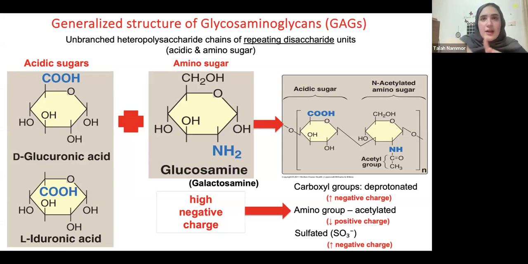And from the name, guys, like heparan sulfate, dermatan sulfate, we add a sulfate, and this sulfate is going to increase the negative charge. Is it clear? So this is how it's negatively charged. Okay. See, guys, it's not hard. It's easy.